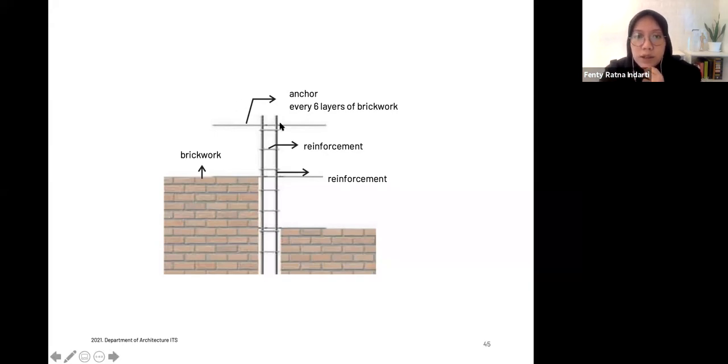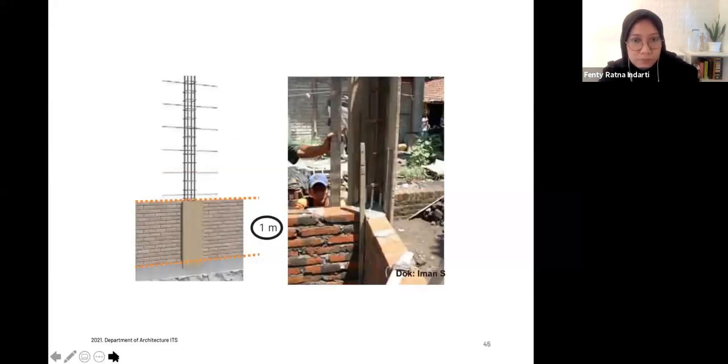Usually, they say that the anchor should be in the 6 layers of brickwork. In the drawings, you will not see this because it's not visible, but in the construction process, you need to understand whether it should act as a load-bearing wall or a non-load-bearing wall. And this is what it looks like after 1 meter.